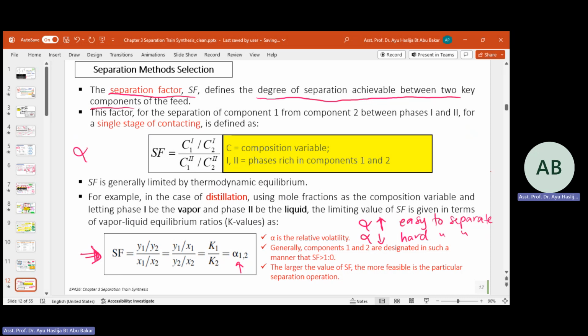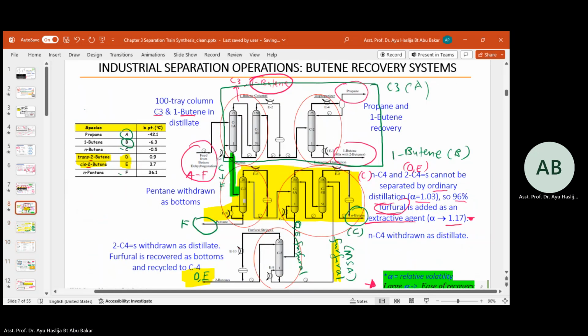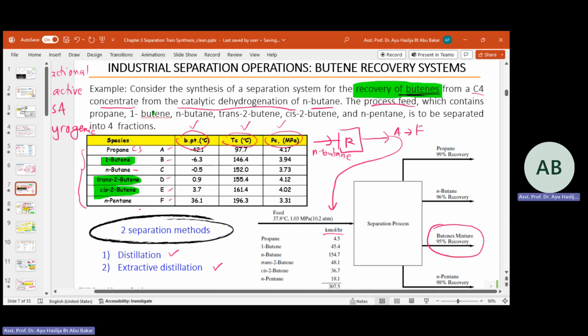Let's say just now, here you have 5 components. So the relative volatility involves two components. So it means over here you will have a few values of relative volatility.